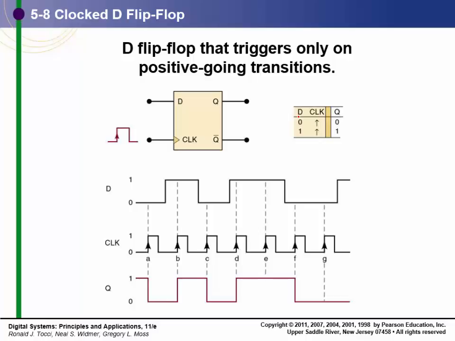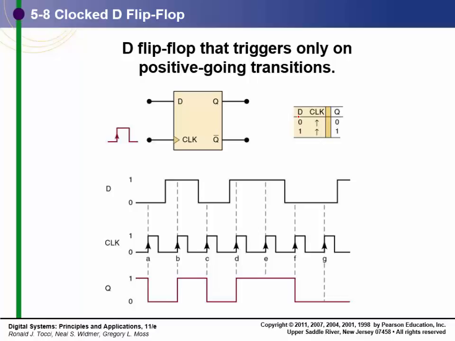We shift the data in a serial fashion and then latch it out in parallel, or we set all the D flip-flops in parallel and then shift our data out in a serial fashion. So we use shift registers, which use a D flip-flop. And a D flip-flop is like a buffer that only changes on a rising or trailing clock edge.